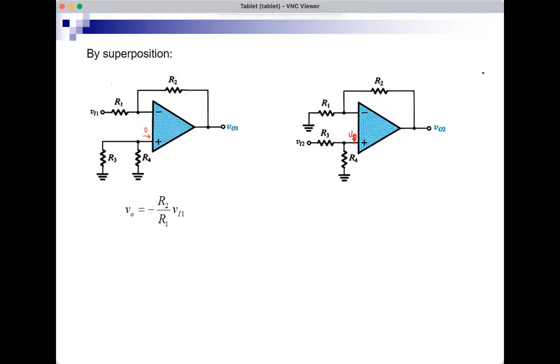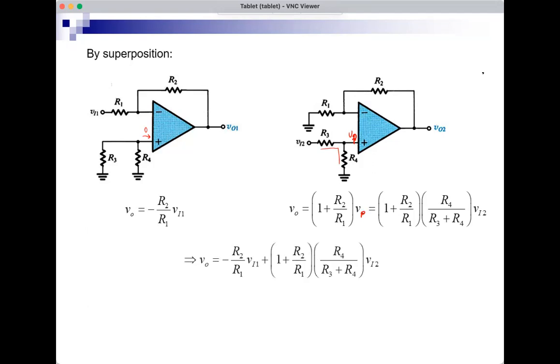But VP is not equal to VI2. I have a voltage divider that gives me VP from VI2. So VO is 1 plus R2 over R1 times VP. And VP is the voltage divider here, R4 over R3 plus R4 times VI2. So that's VO when I have VI2 and no VI1.